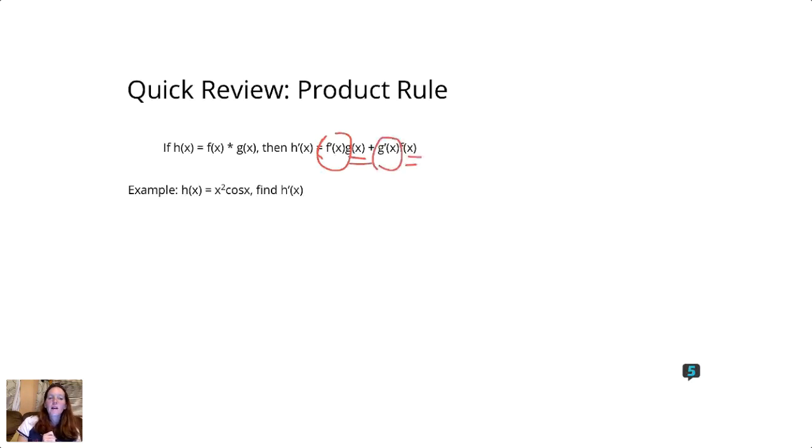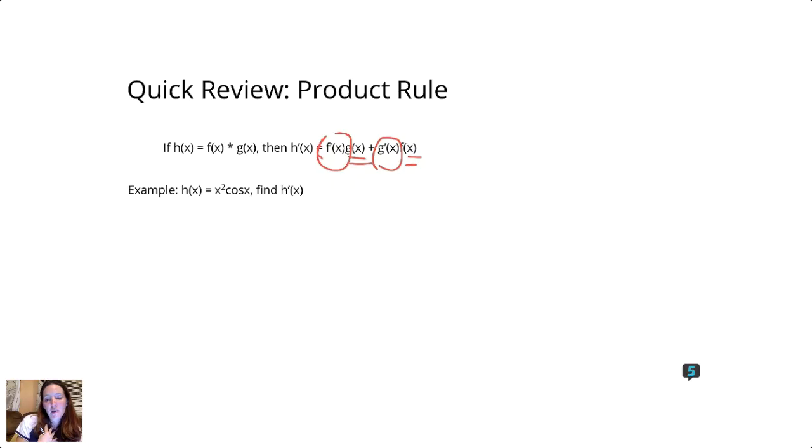They might have taught you some mnemonic, like the first times the derivative of the second, or I don't even remember the mnemonic. I think it's the derivative of the second times the first, whatever. They probably taught you some kind of way to memorize it. And whatever your teacher teaches you, if it makes sense, go with it, okay? But hopefully your teacher will teach you some way to remember it that's a little less complicated than the formula part of it, because that does tend to confuse kids.